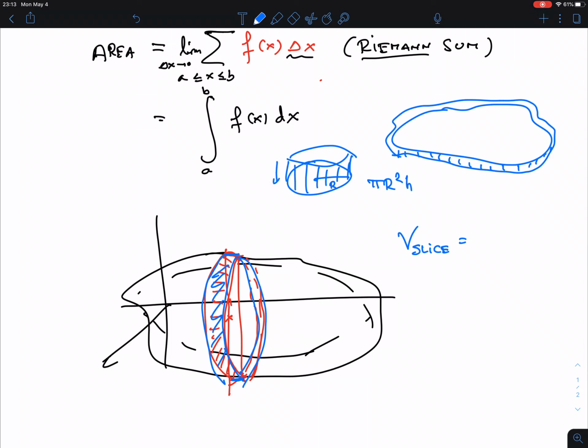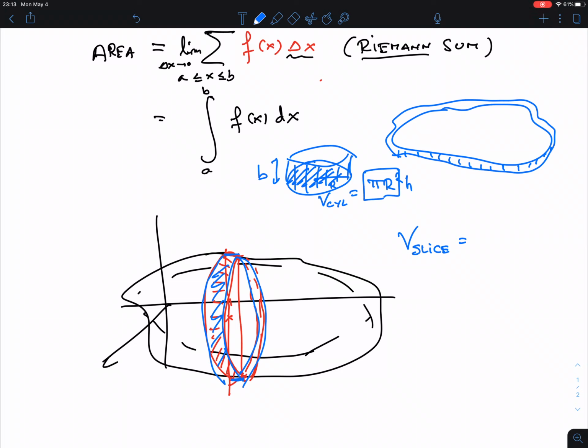So that's the volume of a cylinder. Now, what is this pi r squared? It is the area of the circle, sorry, of the disc, the bottom part.